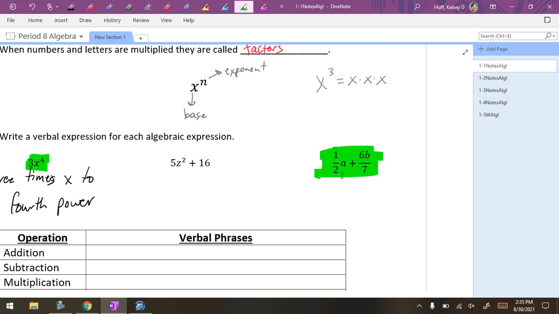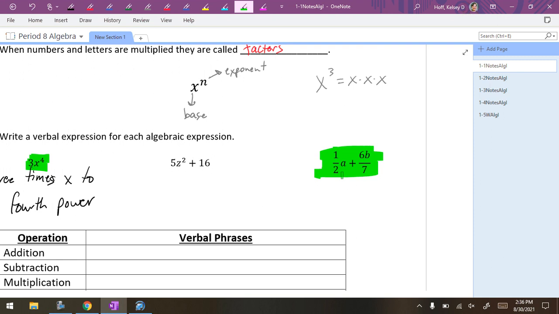Somebody else? Thatcher. 1/2 times a plus 6 times b over 7. Ooh, one complaint. You got more? Divided by. Bingo. Perfect. Over is not a math word. It does not mean a math operation, but he immediately knew that. 1/2 times a plus 6 times b divided by 7. Be cautious with this one with the b in the numerator. Make sure you say that you're multiplying before you're dividing here. Does that make sense? Just little things like that.